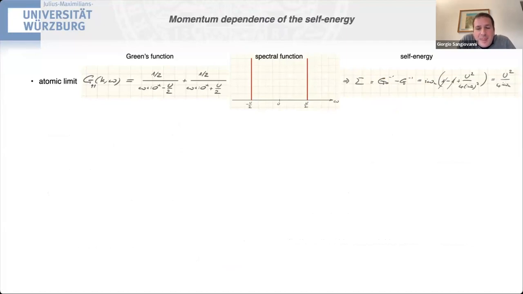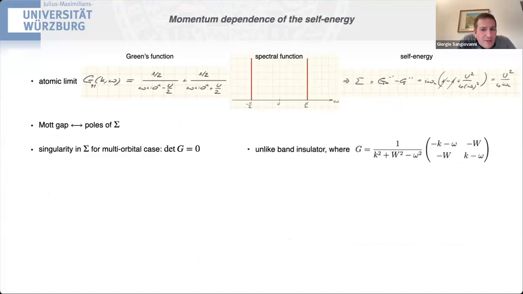So essentially we associate the Mott gap with poles of the self-energy, differently from band insulators, in which there is no self-energy, and so there cannot be a zero of the determinant of the Green's function, more generally speaking, but only a zero of some diagonal elements of the Green's function. So I'm going to show in the rest of the talk essentially determinants of Green's function, which are good ways of showing poles of the self-energy.